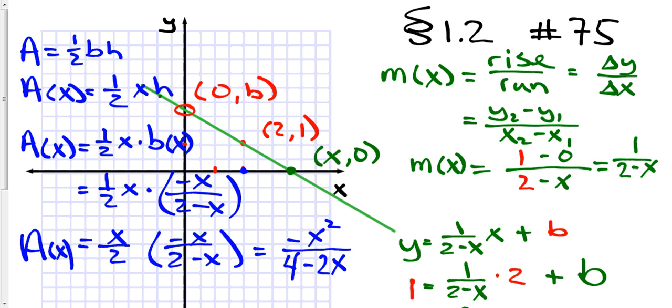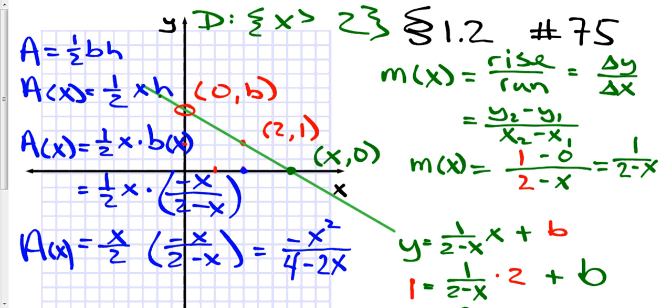Has to be greater than 2, right? x has to be greater than 2. So my domain is x greater than... like that? No. What's wrong with that? It can't equal 2. Bam. Okay?